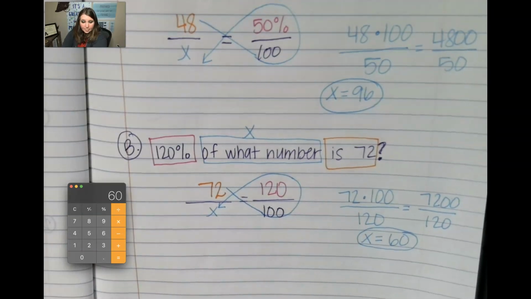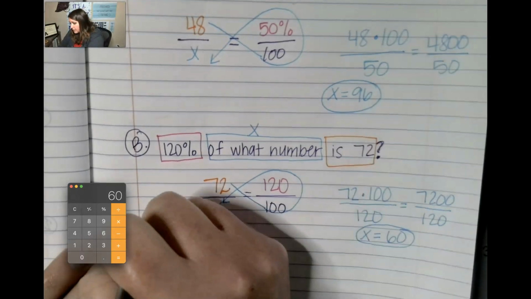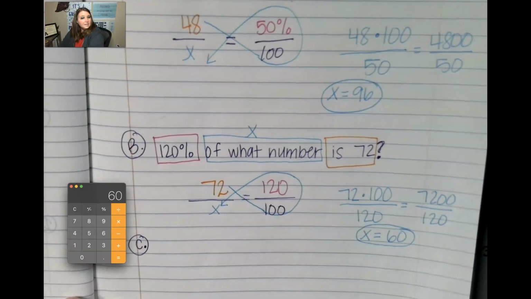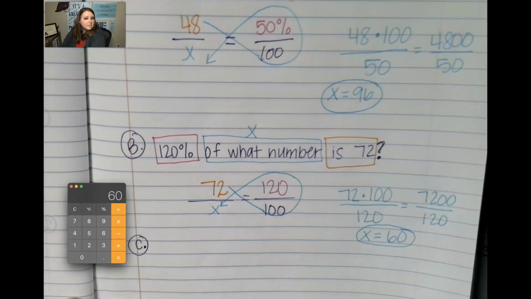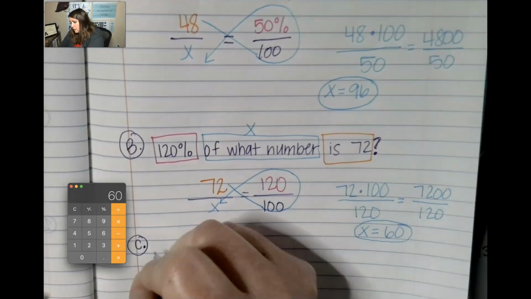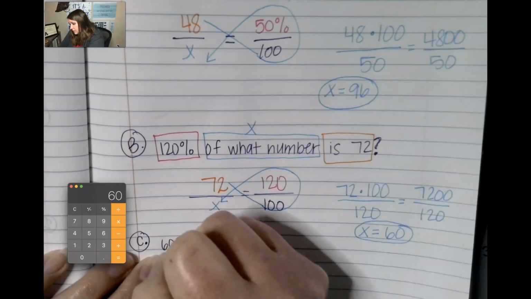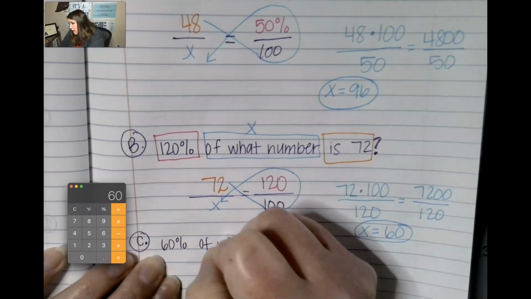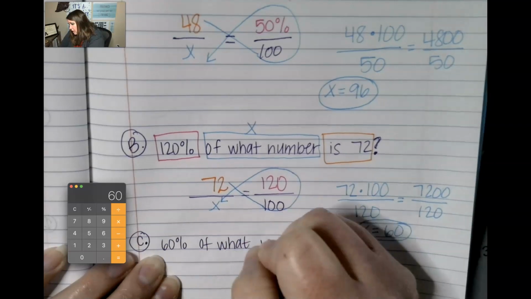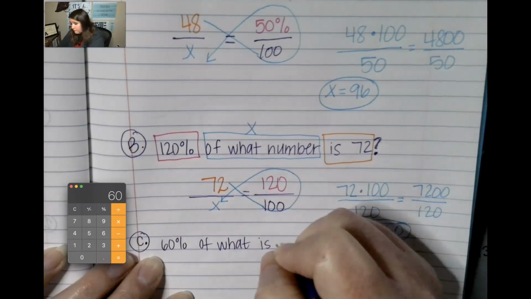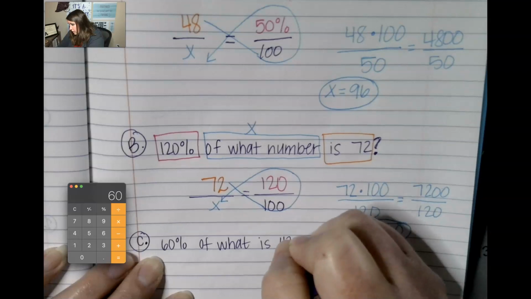Okay, last problem before we do some try-its. So example letter C is asking you, 60% of what is 42.